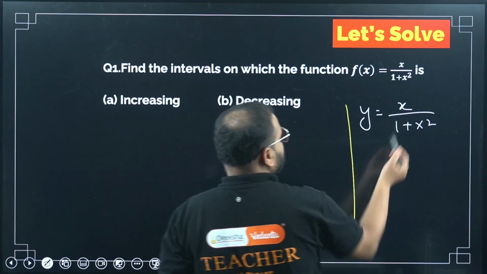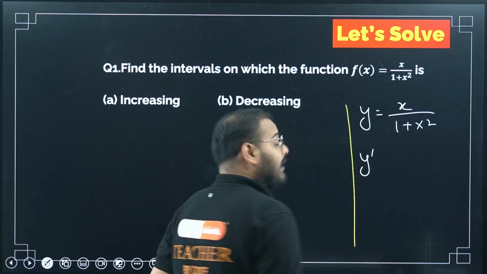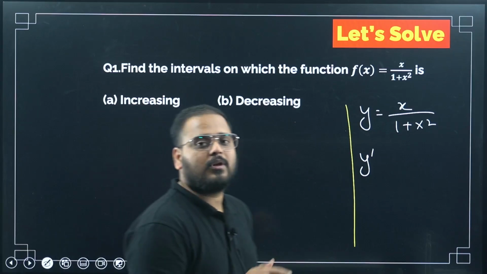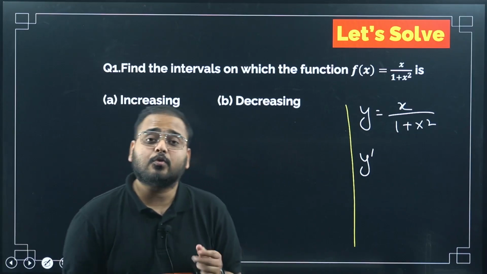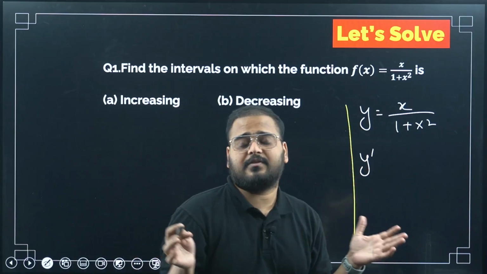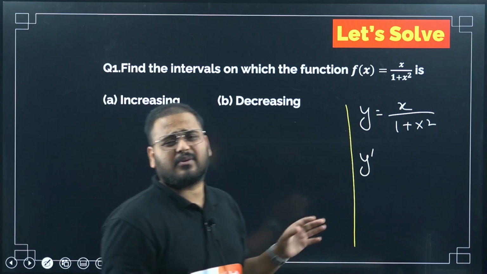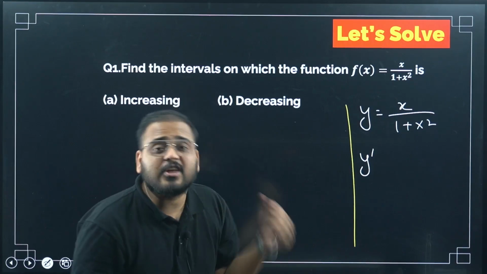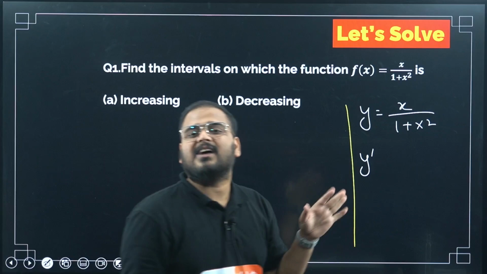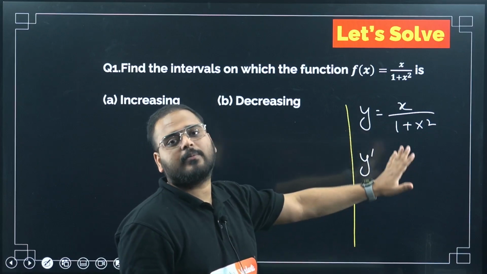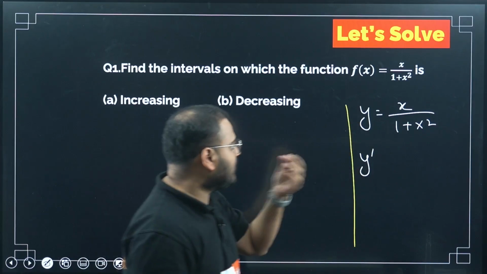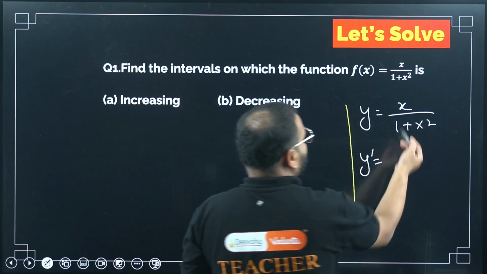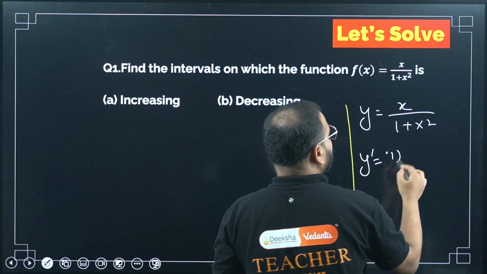We will use the quotient rule. You have to know theorems like product rule, quotient rule, chain rule, but you don't have to know very complicated differentiations. Only in a particular question might they ask you a very complicated differentiation, but usually they'll ask an easily differentiable problem. It will not take that much time. So let's do it. Quotient rule means I'll keep the derivative of x first, which will be 1.